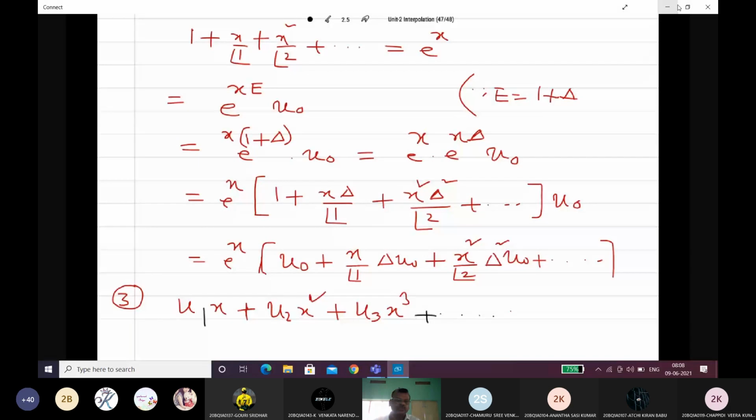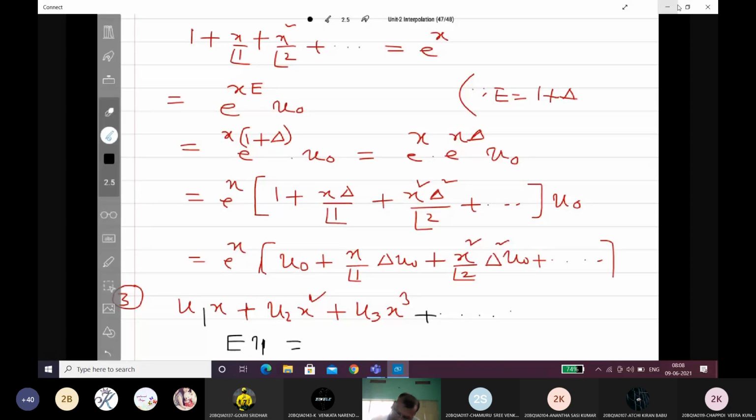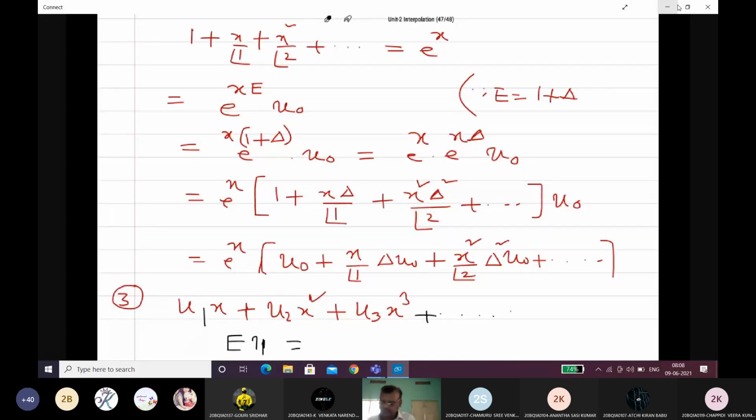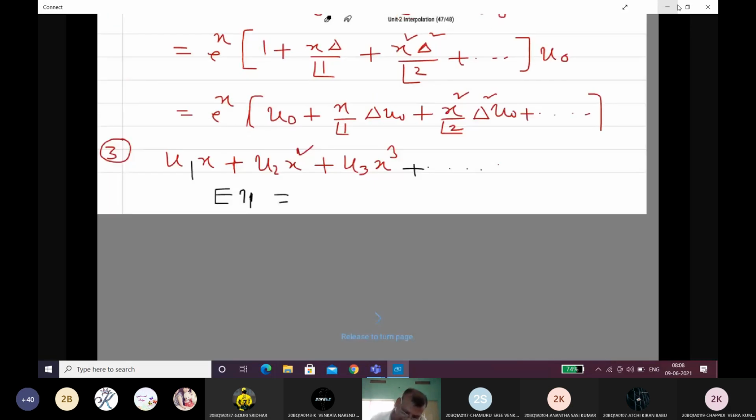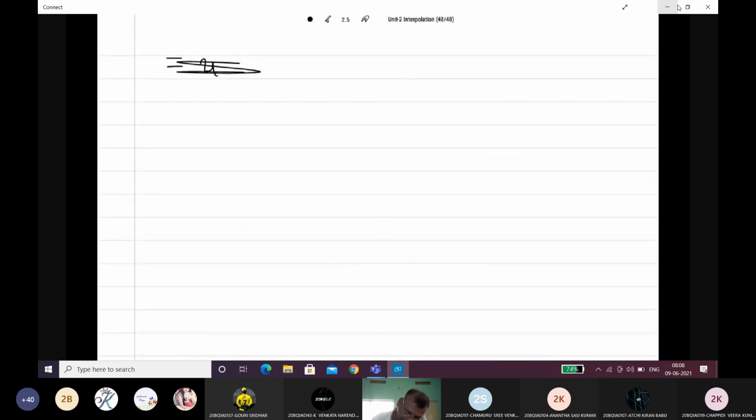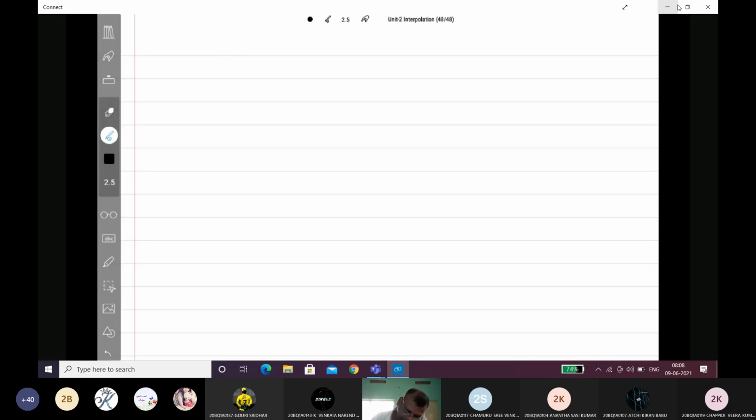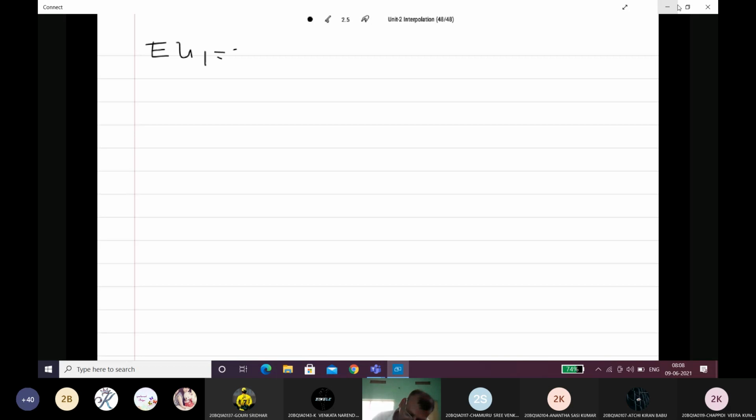Therefore, E u1 is equal to u2. I will write in the next page, it is not possible to write here. Similarly, E square u1 is equal to u3 and so on, using these relations.